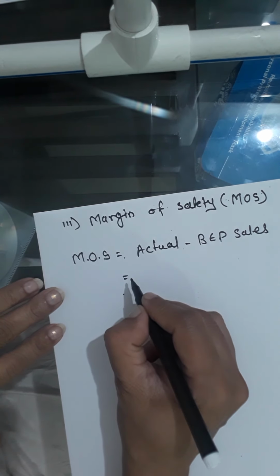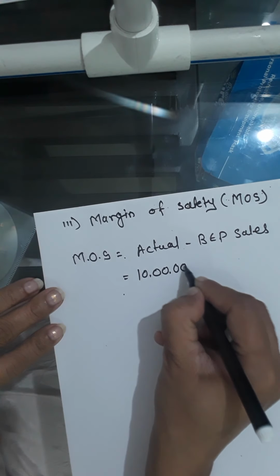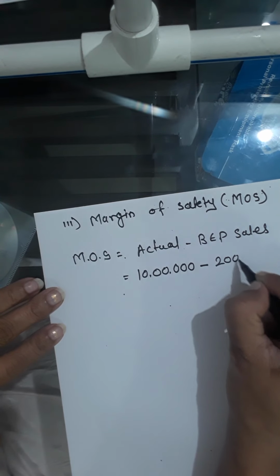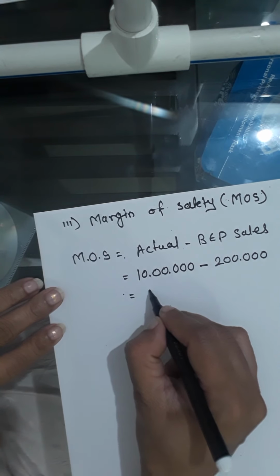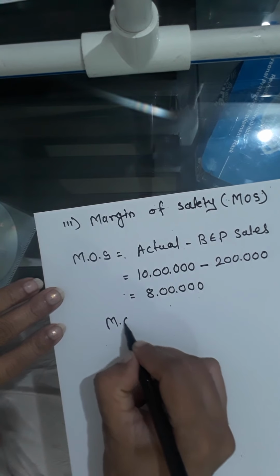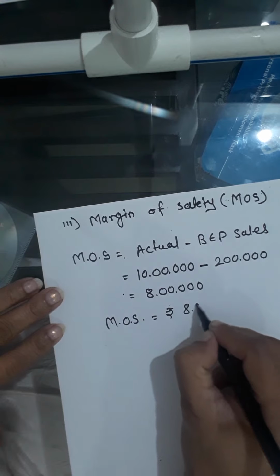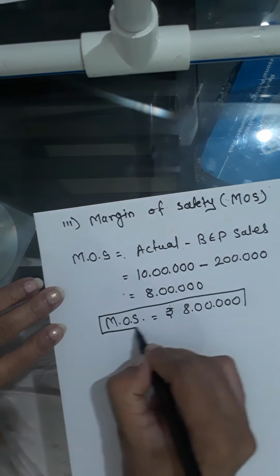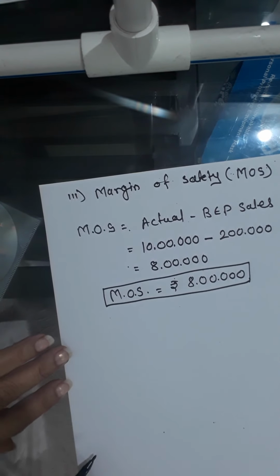What is the value of actual sales? Actual sales we have, that is 10 lakh. And what is the value of BEP sales? That we have just calculated, that is 2 lakh. So the margin of safety is 8 lakh. Margin of safety is rupees 8 lakh. We'll make a bracket to this answer also. Then we'll go for the next one.